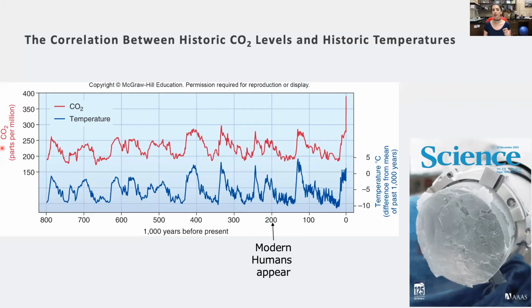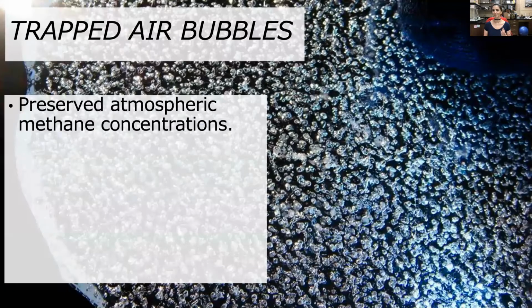We can do this type of analysis not only for carbon dioxide, but for other greenhouse gases like nitrous oxide and methane. So let's take a look at how we look at these gases. It's actually really cool. The scientists are able to measure directly the trapped atmosphere that is found in air bubbles in these ice cores.